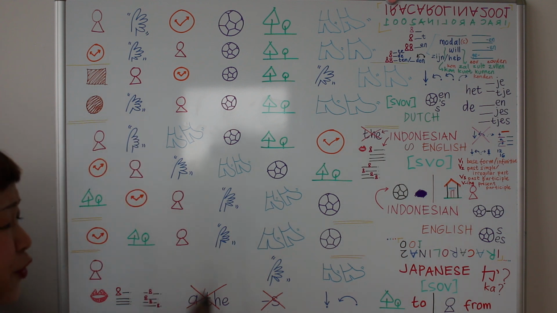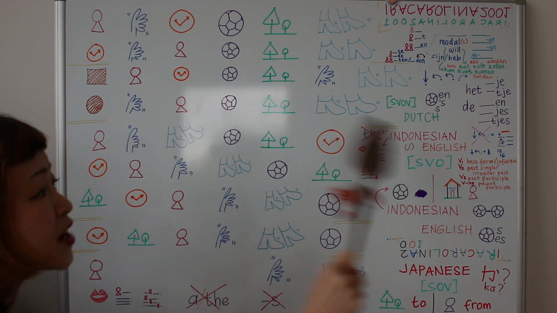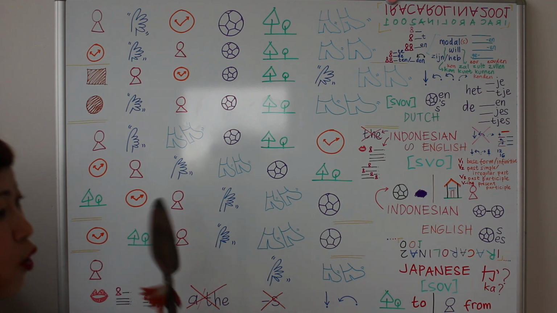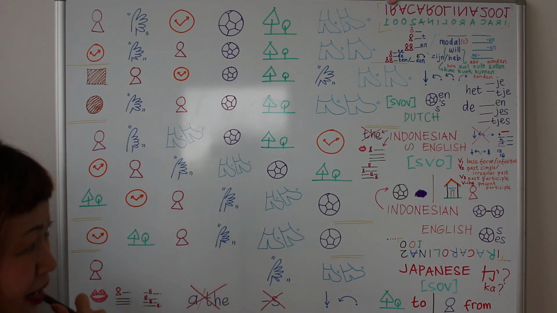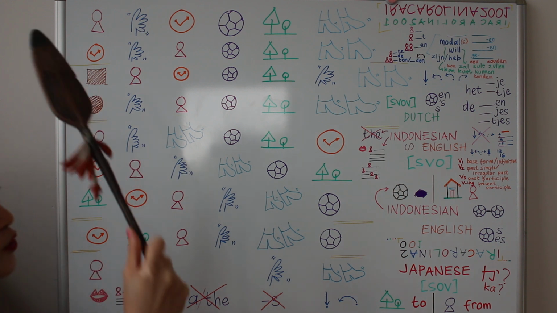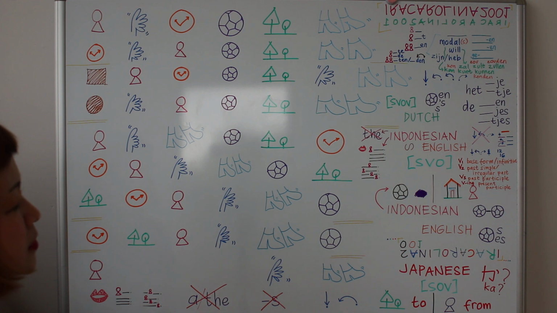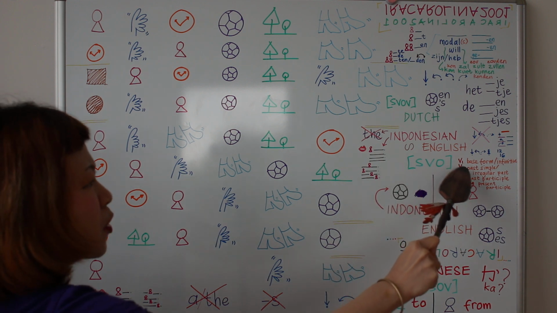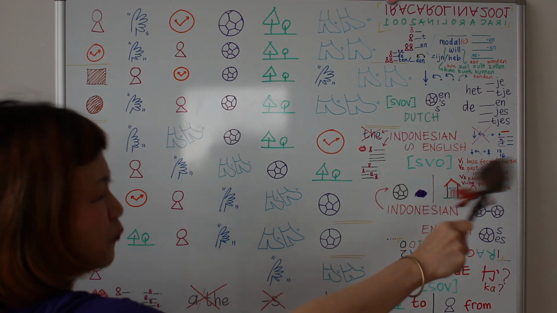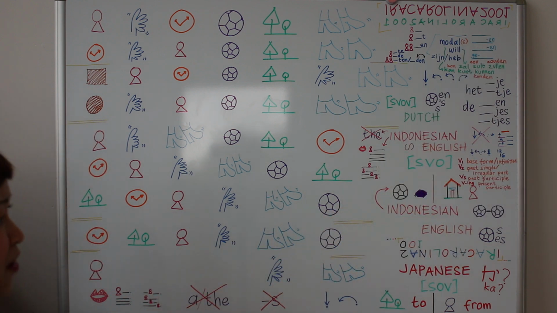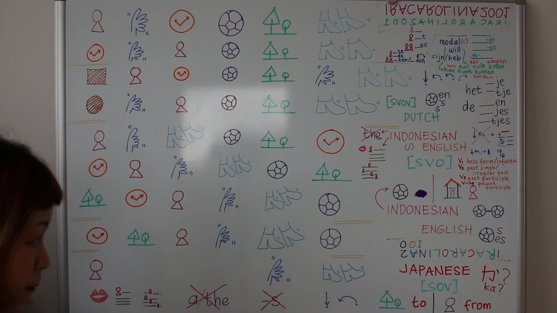You just have to add an extra word in front of the verb. Whether now or already done or have done, you just add those extra words. There's no infinitive, past simple, past participle. There's no this kind of stuff in Indonesian.